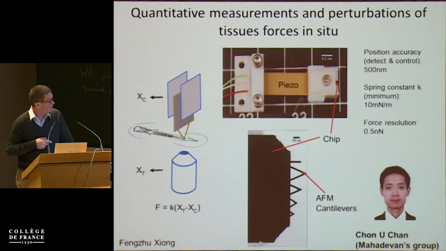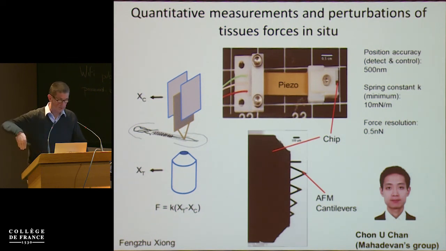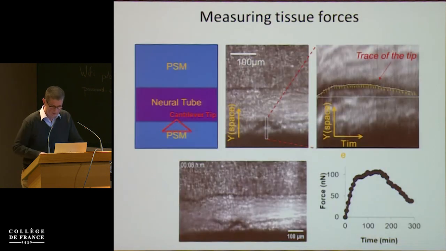In this way, they can apply forces on the tissue of a defined magnitude. They can also measure the forces by measuring the deflection of the cantilever, and they are also working at measuring the rheological properties of the tissue using a technique a bit similar to what Susan Eaton described, called chirping, where they measure the oscillations of the probe.